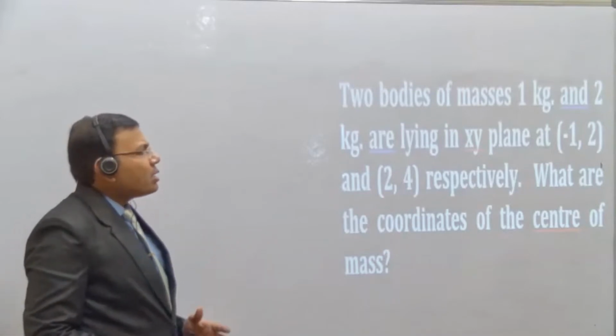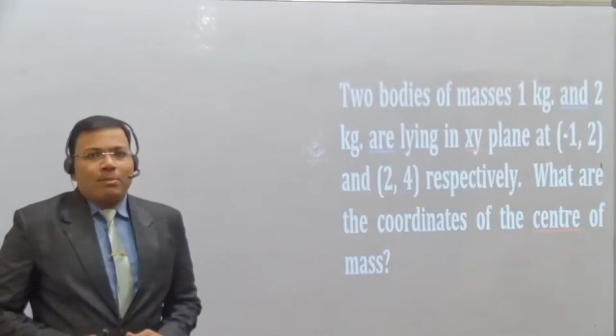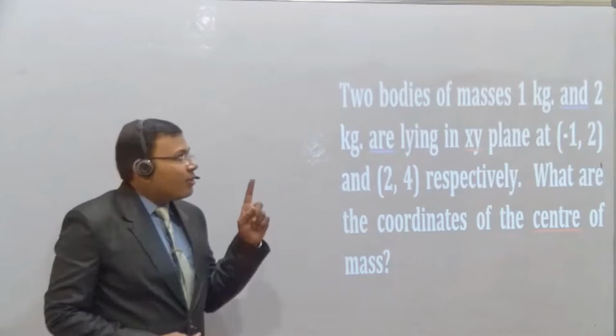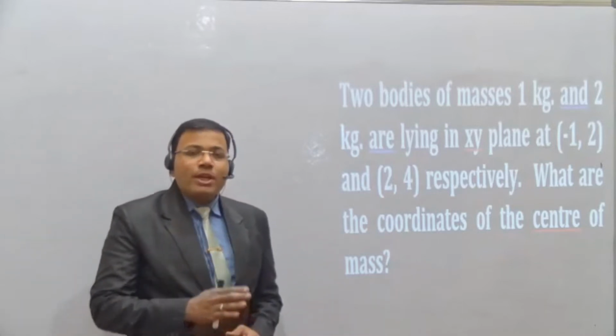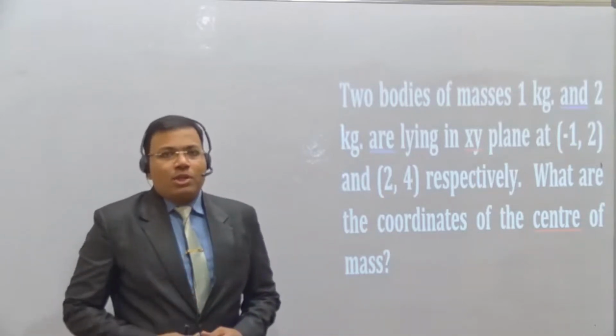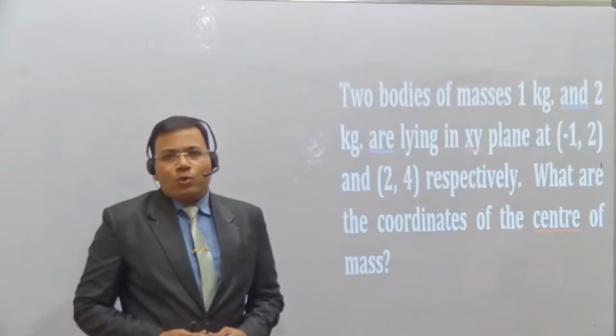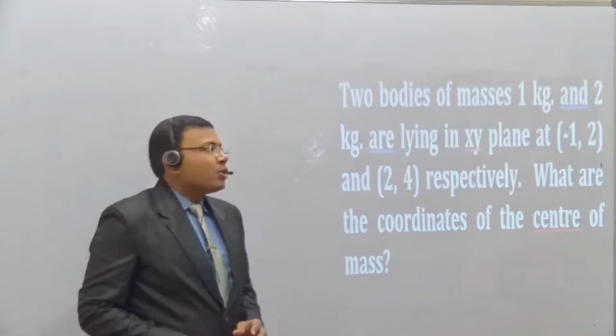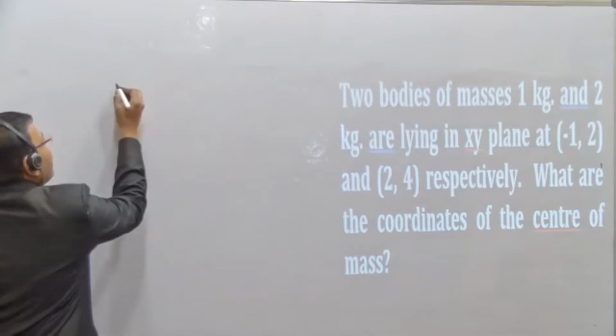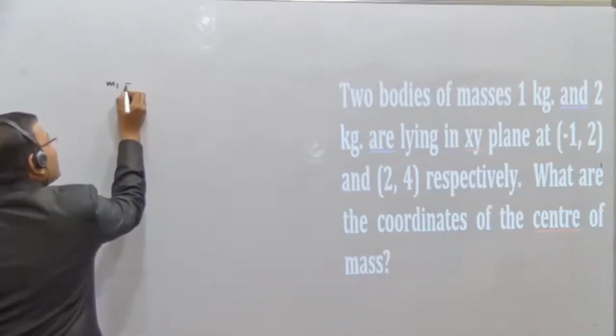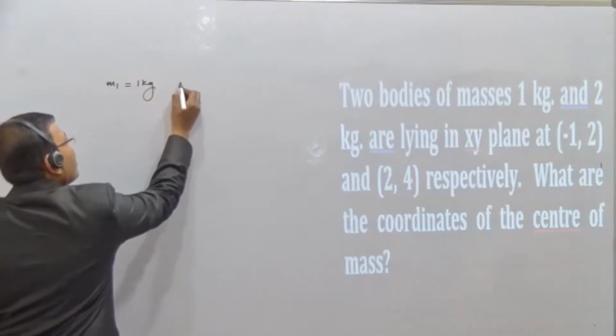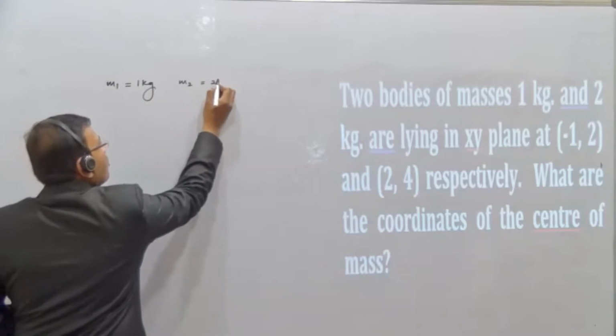You can clearly see the question speaks about 2 dimension. The reason is that they have mentioned the points, so x coordinate as well as y coordinate are both given. So let us start how to move with this problem. Here I'll write first the given data. M1 is equal to 1 kg, M2 is equal to 2 kg. That is given.